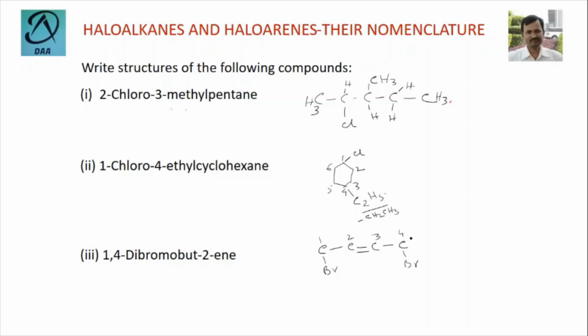How many hydrogens are required? 2 hydrogen atoms in this case, 1 hydrogen atom in carbon number 2, and also 1 hydrogen atom on the next carbon, and here you have to put one H and here one H. So in this way we can write the structure as per the IUPAC system.